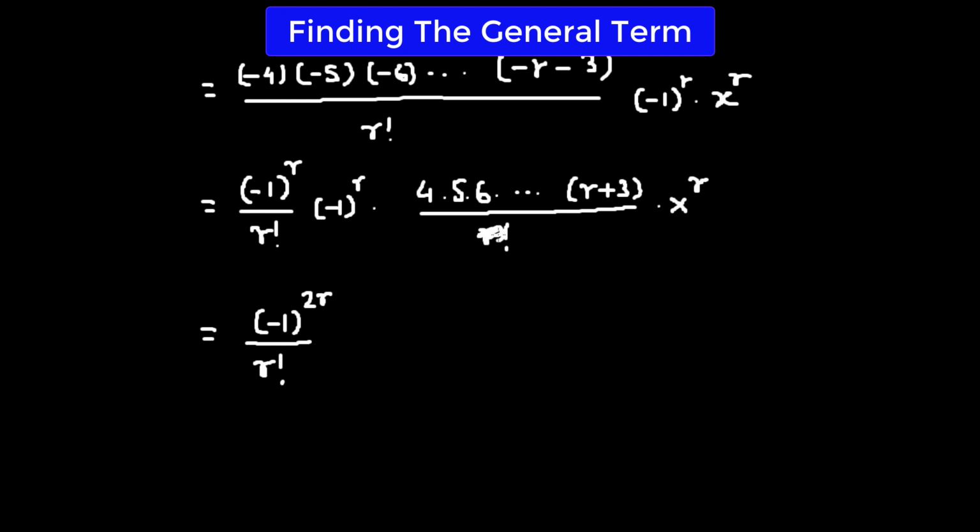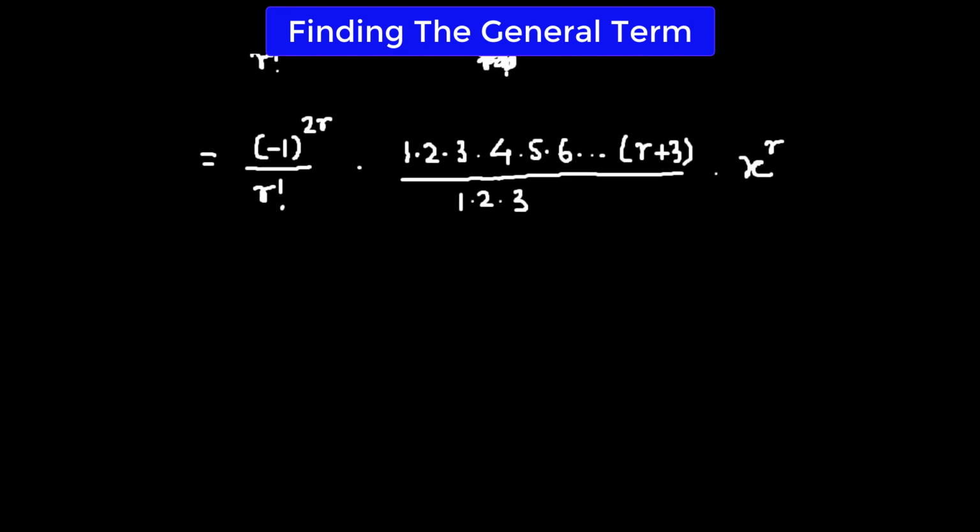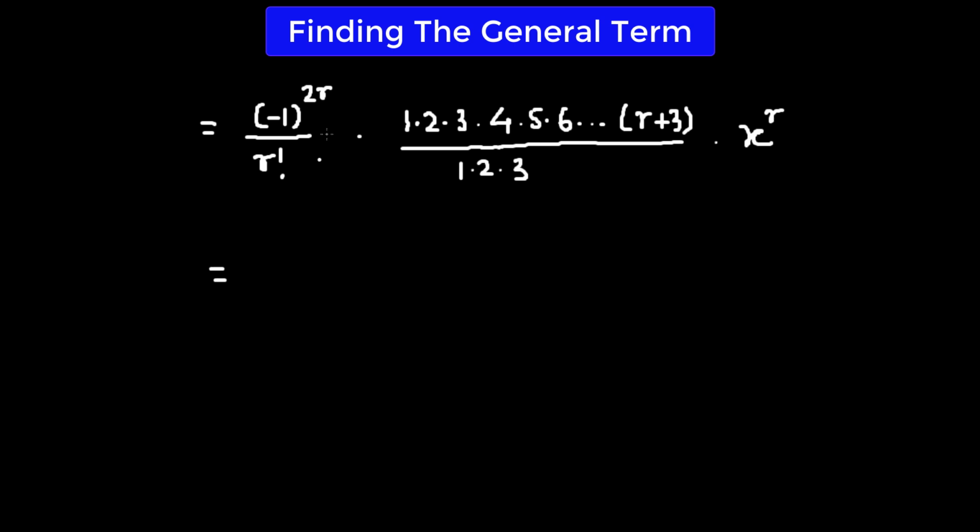I have written r factorial twice, so there will be only once, times, now we're going to multiply 1, 2 and 3 to the numerator, and then we're going to divide by 1, 2 and 3 in the denominator, and we have x raised to the power of r. So negative 1 raised to the power of 2r is simply 1, like we did in the previous problem. So we have 1 over r factorial.